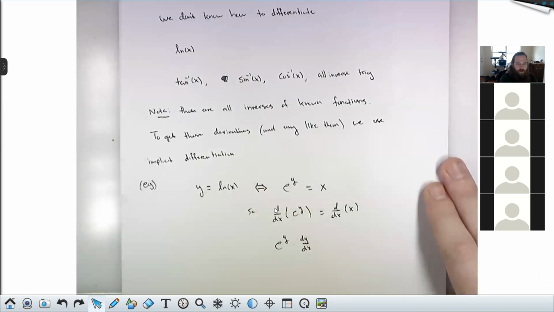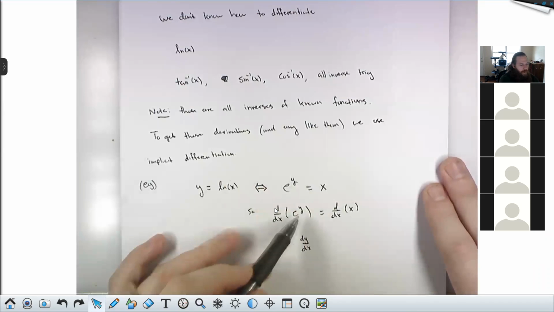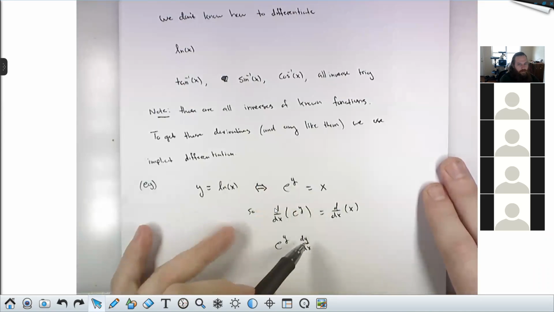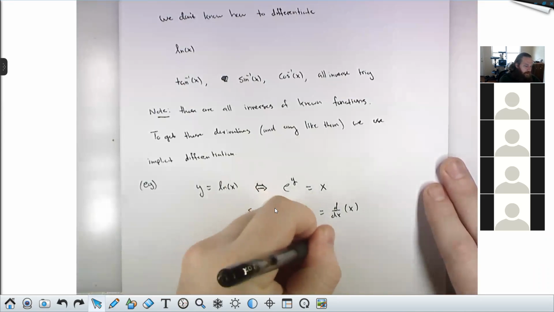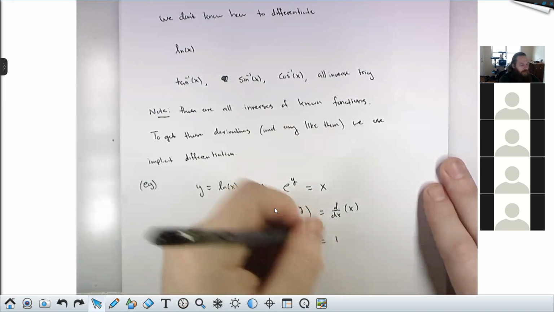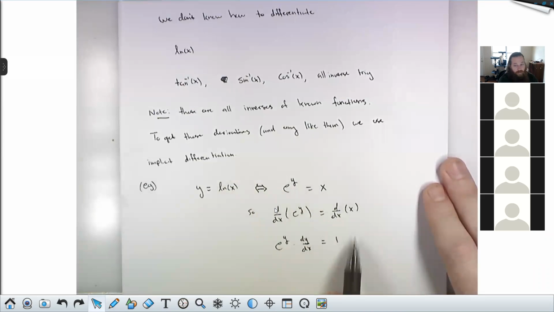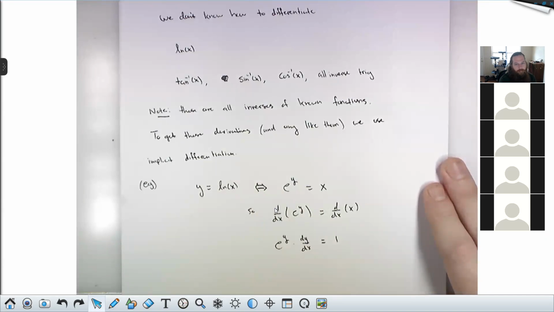It's just the normal chain rule. It's just that we have to remember y is a function of x. This is that same implicit differentiation thing. And then on the right-hand side, the derivative of x is 1. You can think of 1 times dx dx, but dx dx is also 1. It doesn't give you anything new.